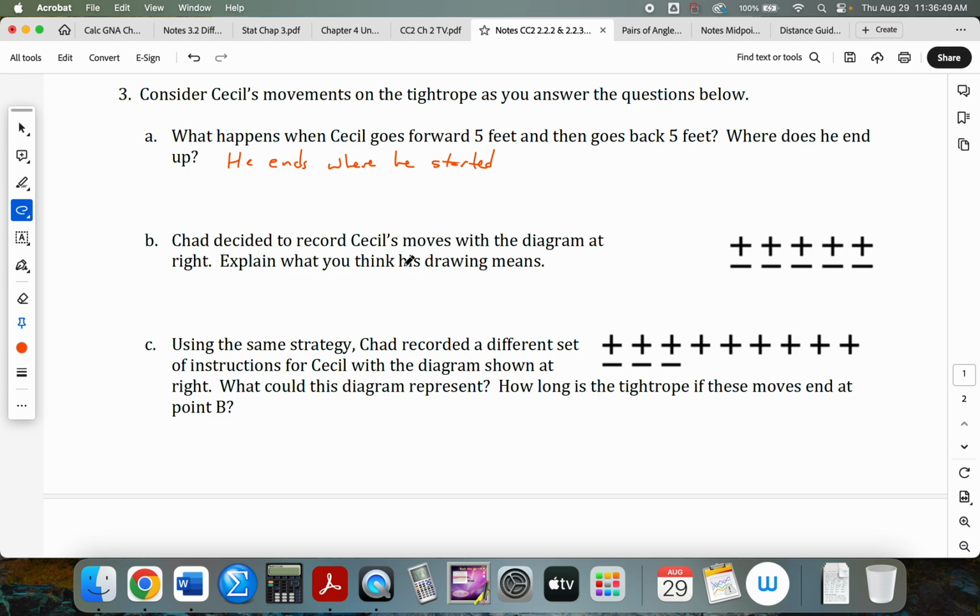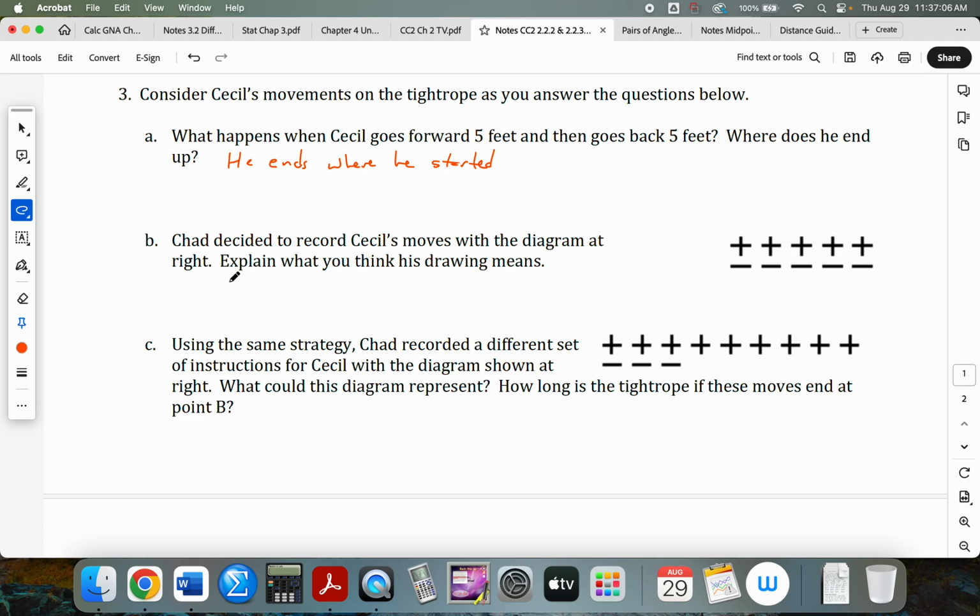So Chad decided to record Cecil's moves with the diagram at the right. So explain what you think the drawing means. Well, the pluses are movements which way? Forward.